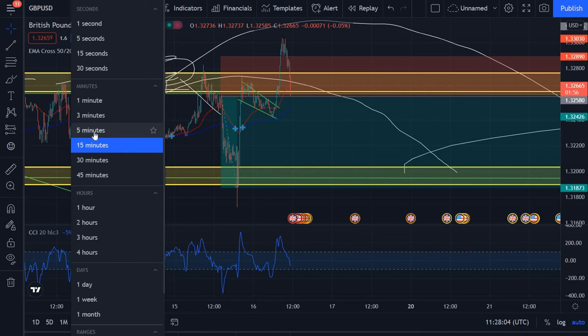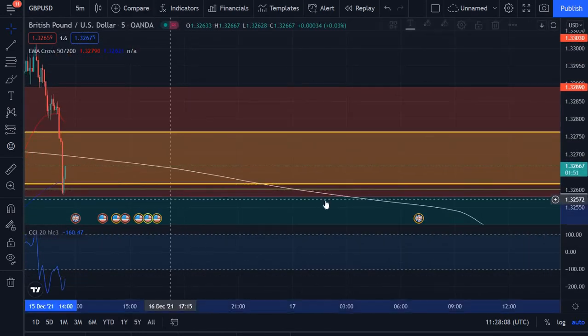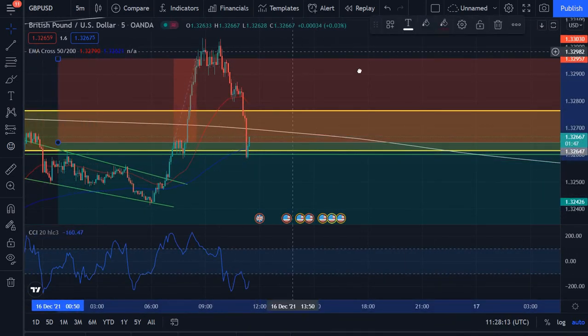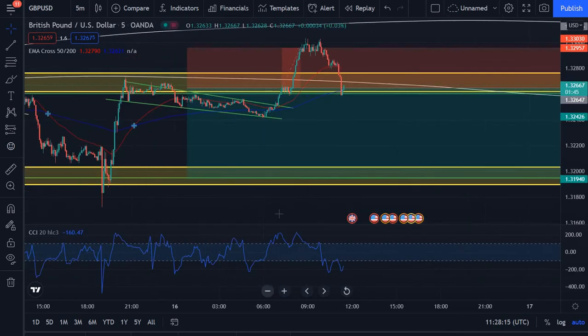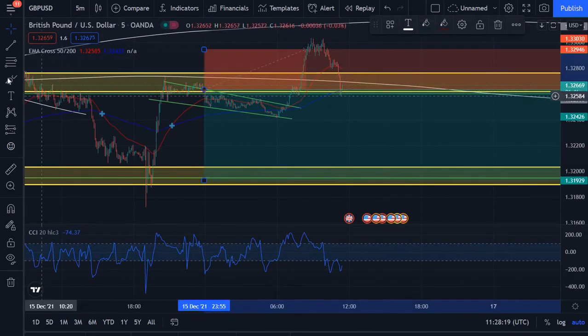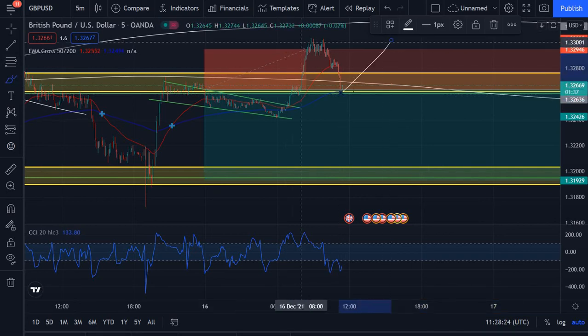So unless we see a clear indicator to the upside, here on the 5-minute chart maybe, since we are going all the way up, we could see a move which forms a double top, which looks like this will happen here.